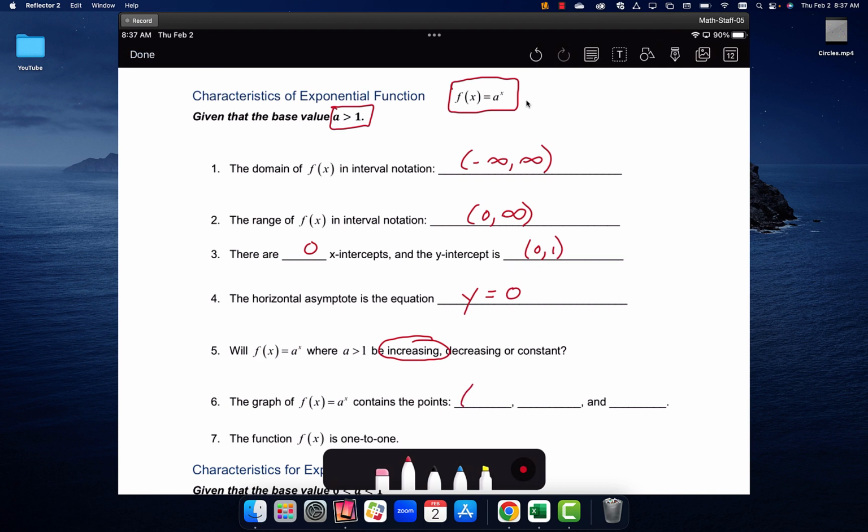Those are 0, 1, 1, a, and -1, 1 over a. Don't worry about memorizing those. These are just some facts that occur for any exponential. And then also note that the function is 1 to 1. Referring back to that first graph, it passes the horizontal line test, therefore it is 1 to 1.